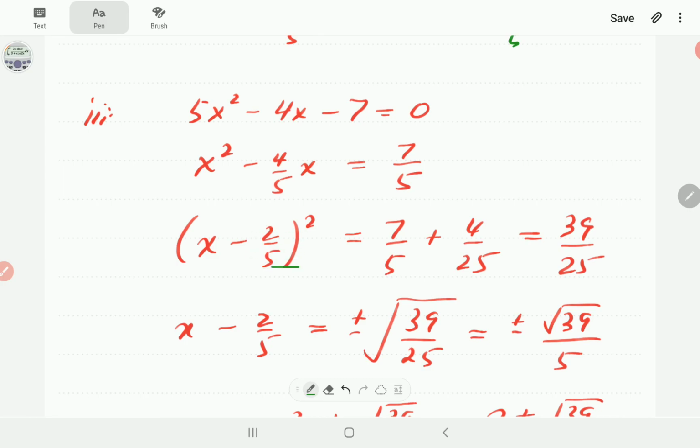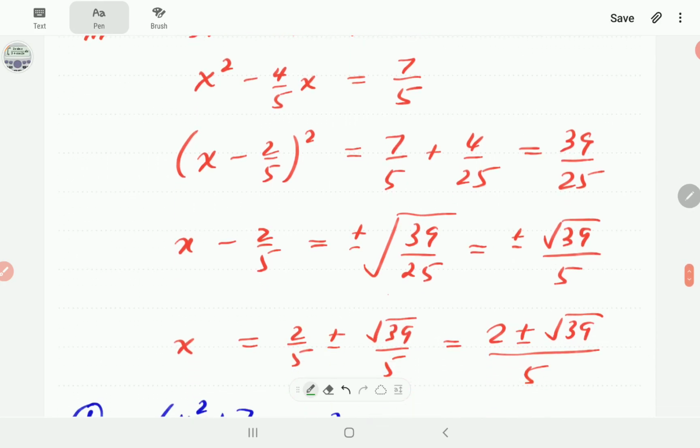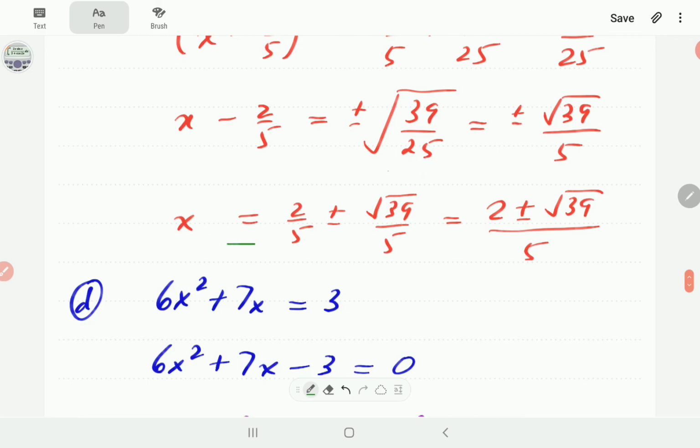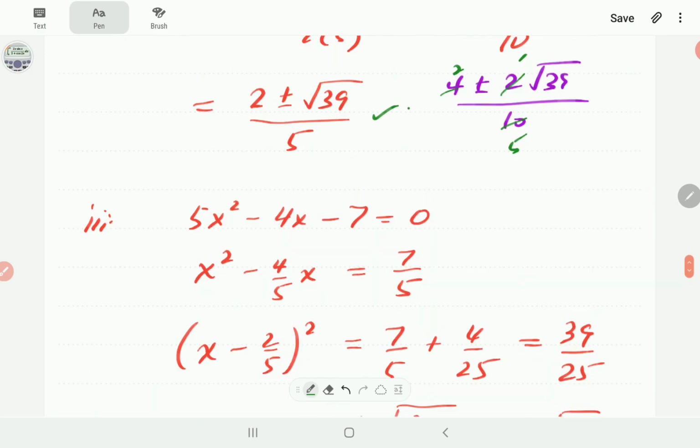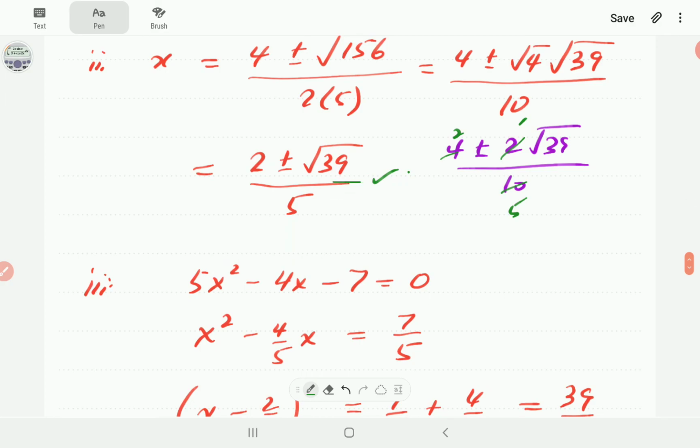Then we're going to have to add the square of this term this side, which is going to be 4 over 25. When you add these two fractions, you get 39 over 25. And then take square roots on both sides. And then finally we can write this as a single fraction, which you're going to notice is exactly the same as that answer there.